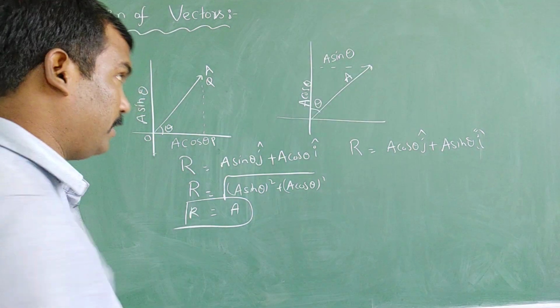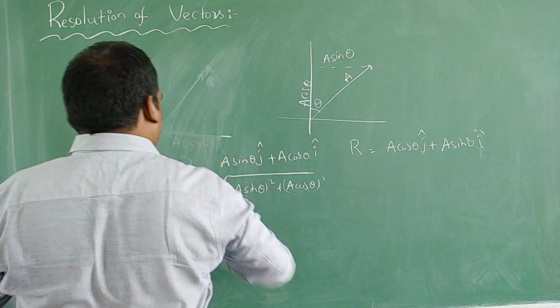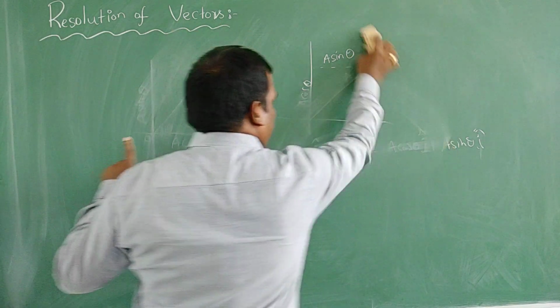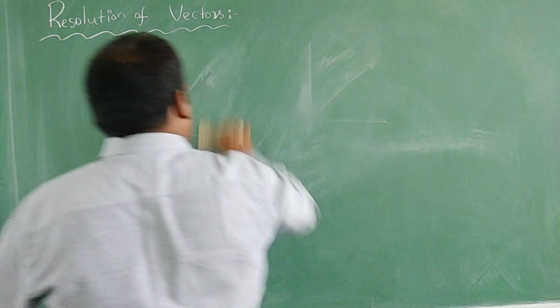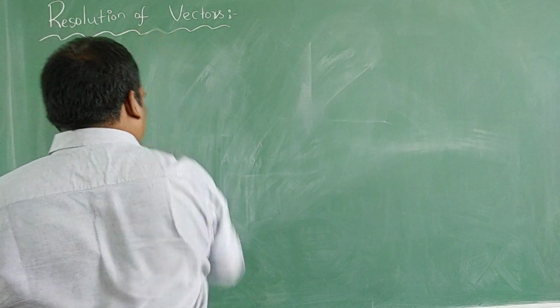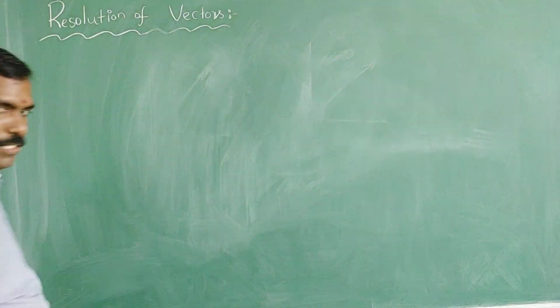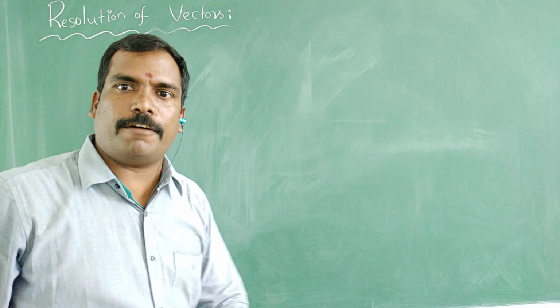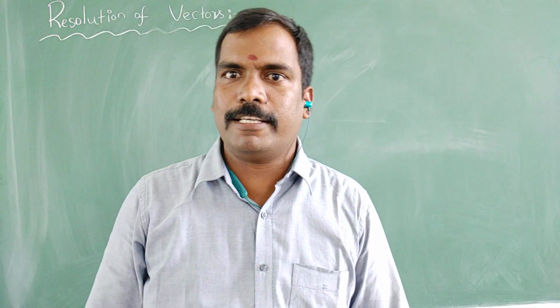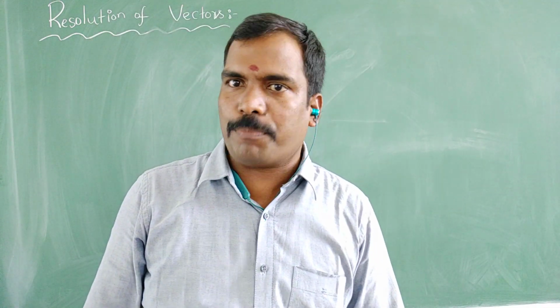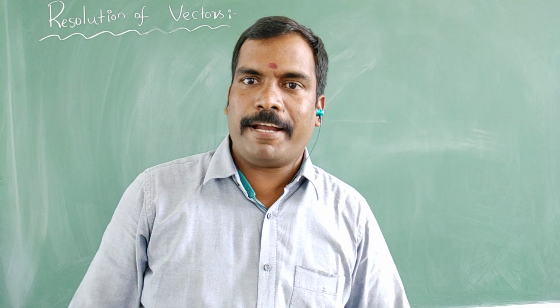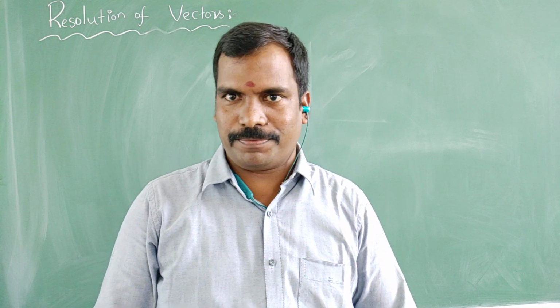Now I will take one example. A force of 30 Newton is acting on an object as shown. Find the horizontal component of force.